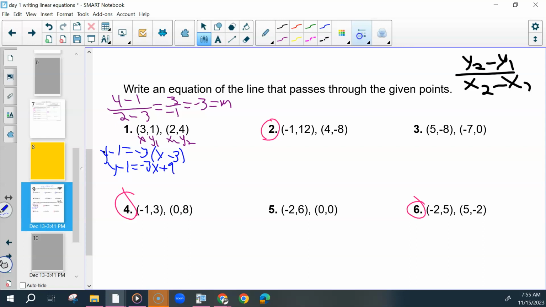Is that a negative 3 for the parentheses? Yes. When we add 1, what would our new equation become? Y equals negative 3x plus 10.